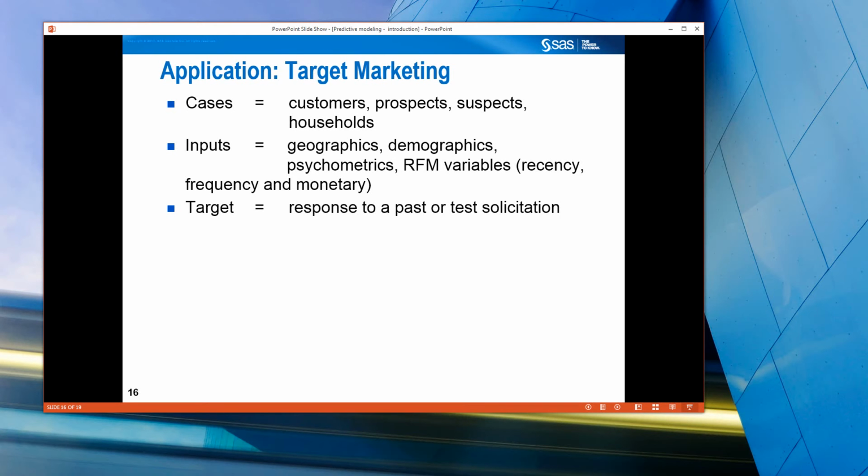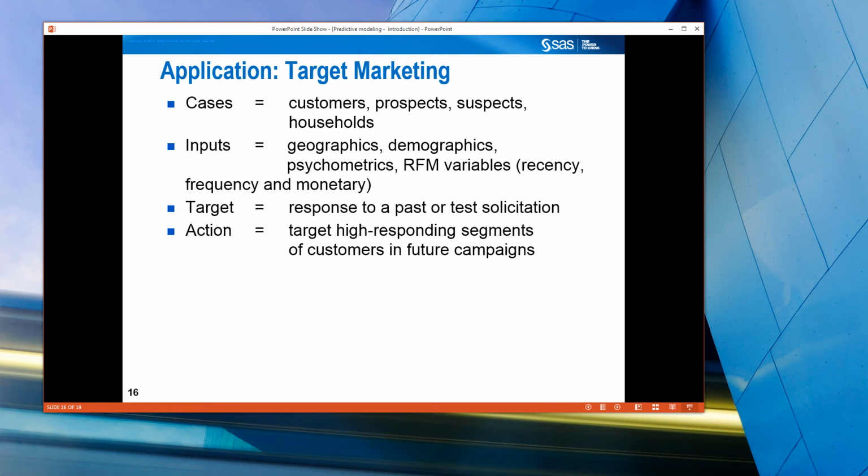If you have data on past responses, you could use the input variables to predict the output variable, and then possibly use those combinations of input variables for future campaigns.